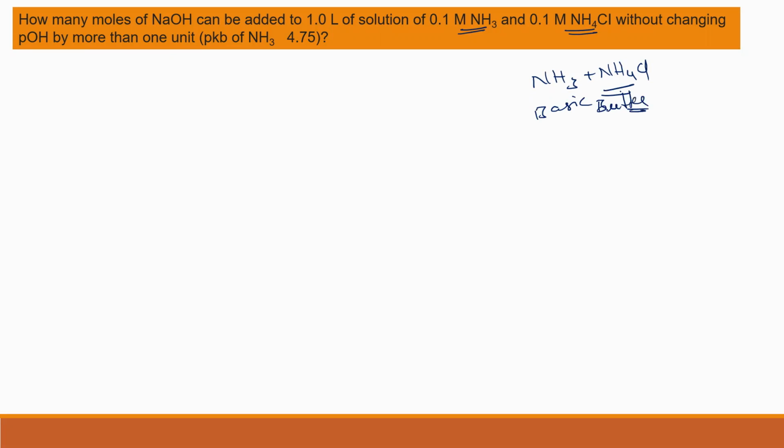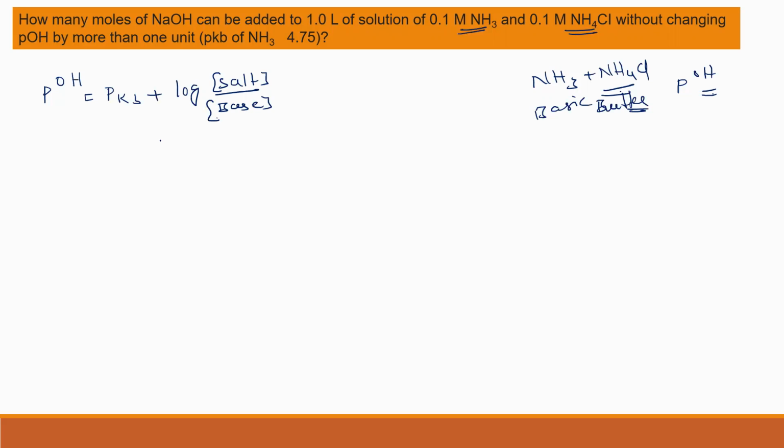Whenever the buffer is a basic buffer, we have to calculate pOH. The formula is pOH equals pKb plus log of concentration of salt by concentration of base.